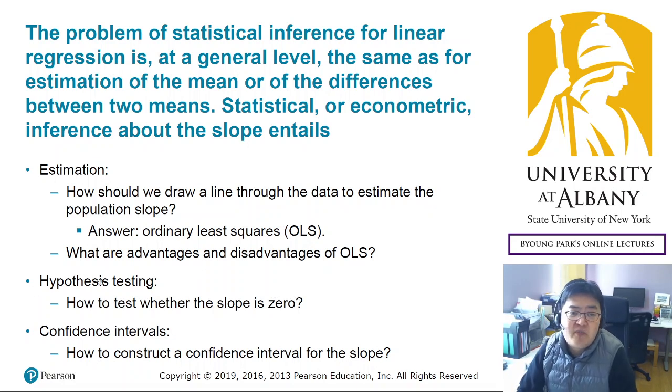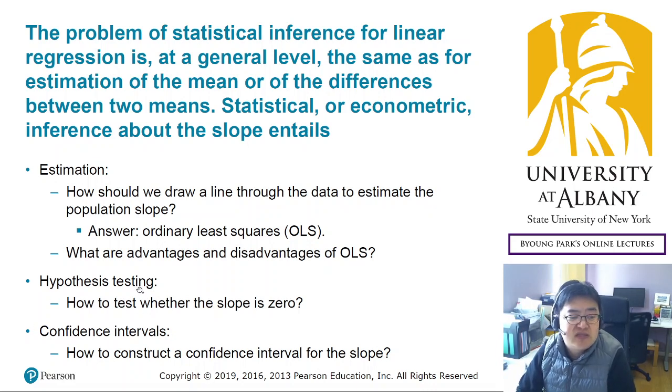And you may think about hypothesis testing. So for example, you believe that student-teacher ratio has no effect on test scores. Is it right? Can you reject it? Or if you believe that student-teacher ratio has a negative impact on test scores, then you can test it.